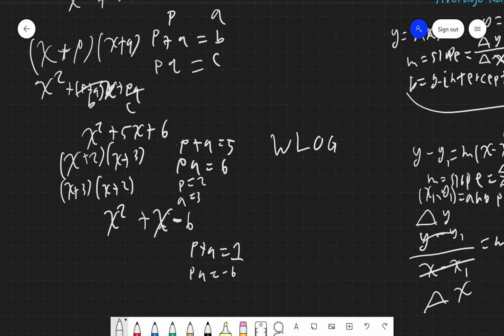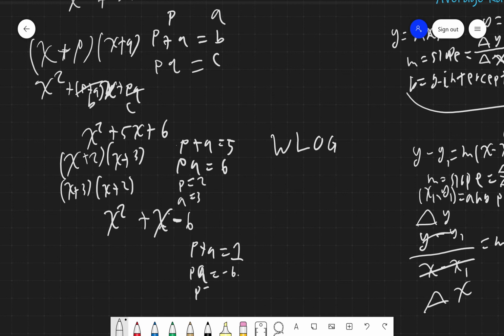Notice that we have a negative, and p plus q equals 1. Notice that p and q do not have to be positive. They can be anything in the world, really. So you can do some guessing and checking, and you can also include negative numbers.